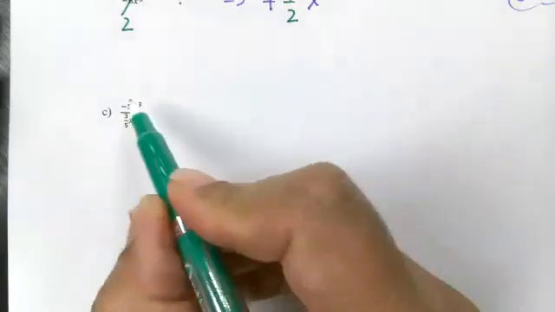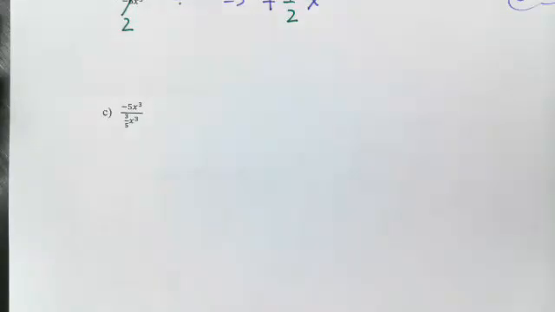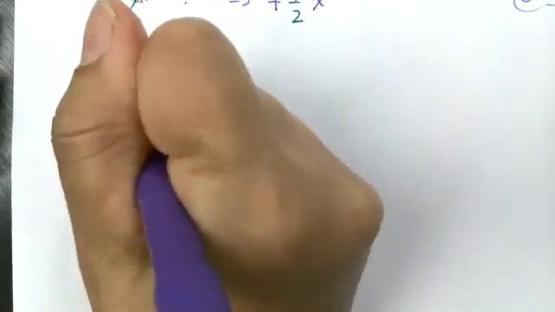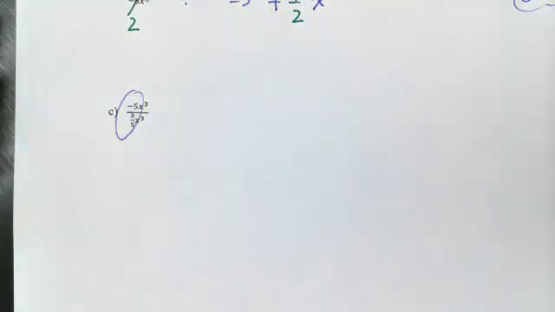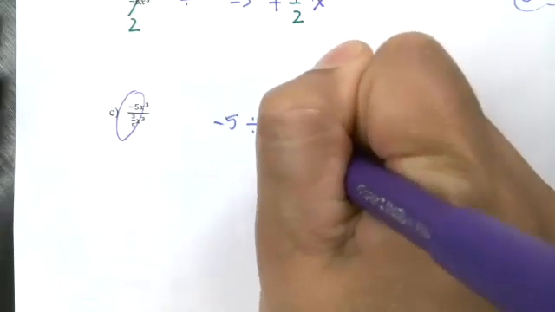Okay, so now -5x cubed divided by 3/5 x cubed. Now here I'm using this example to reintroduce you to division of fractions, okay? So our job with these coefficients is to divide them. So we have -5 divided by 3/5.